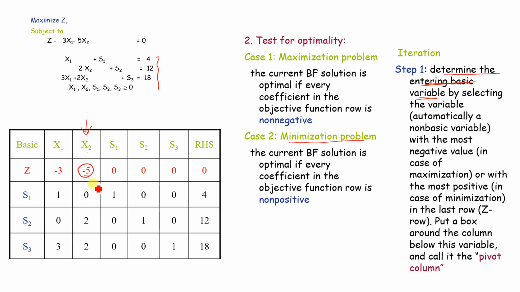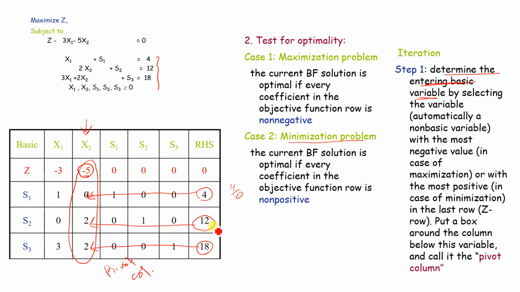In order to determine that, we mark this column as the pivot column, and then find the ratio of the entries in the solution column to the corresponding entries in the pivot column. So let's find the ratio.